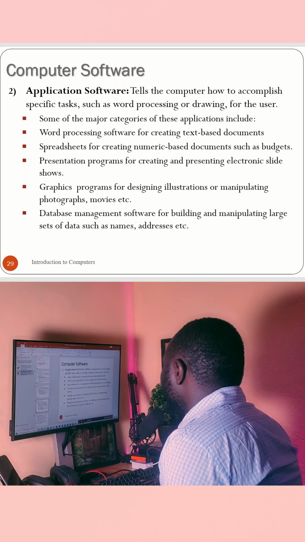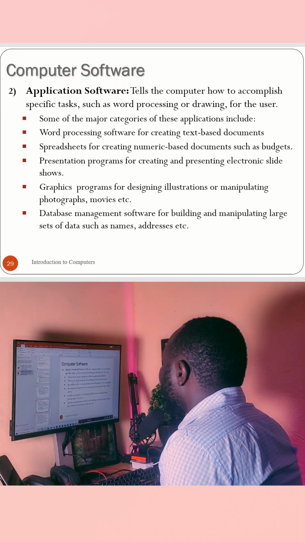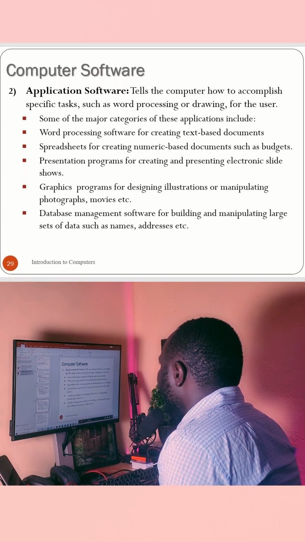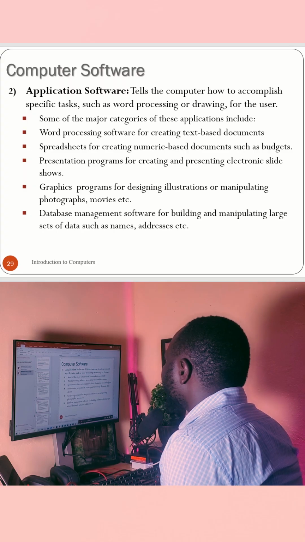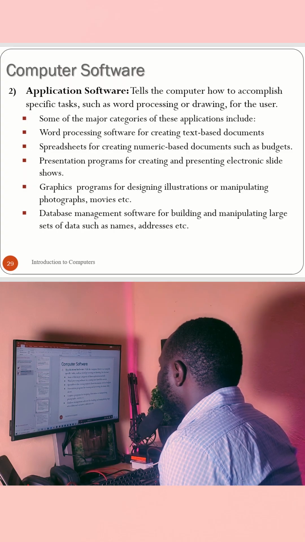Database management system software is for building and manipulating large sets of data such as names, addresses, etc. These are all examples of application software. The key point we need to take away with us is that application software is specific in nature.